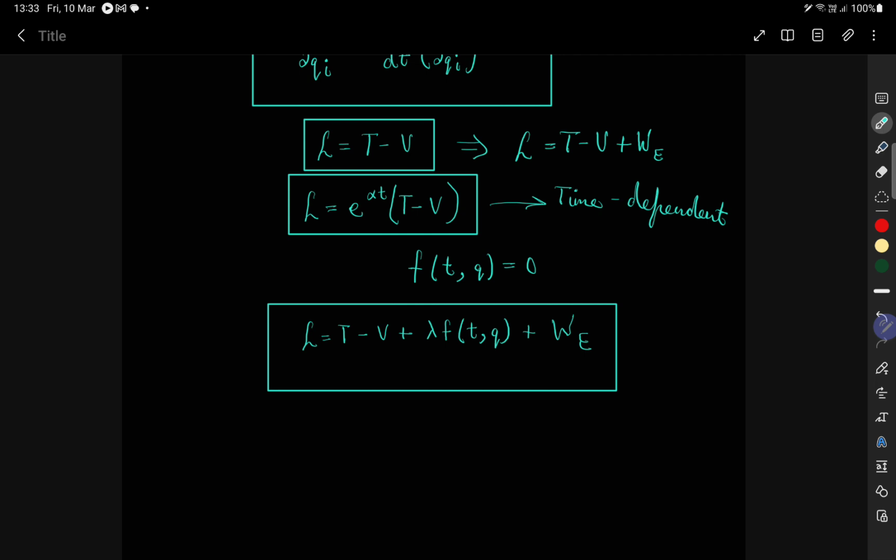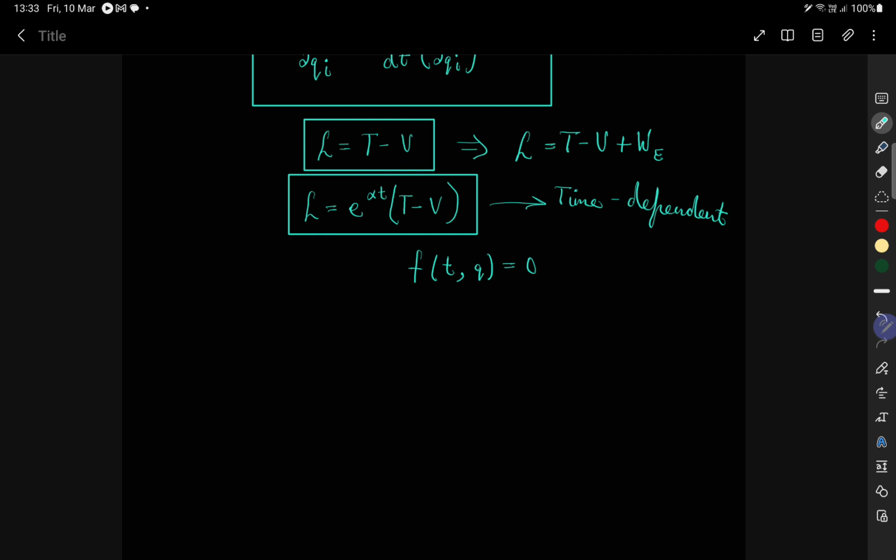And of course, in general, you can have as many constraints as you want. I'll write it out better, one second. You can have as many constraints as you want. So it's really actually this.